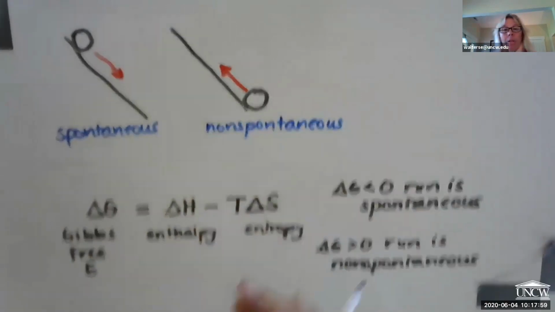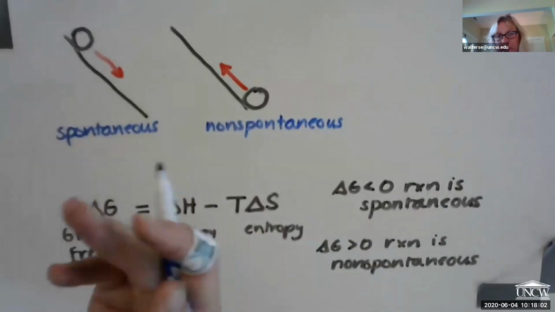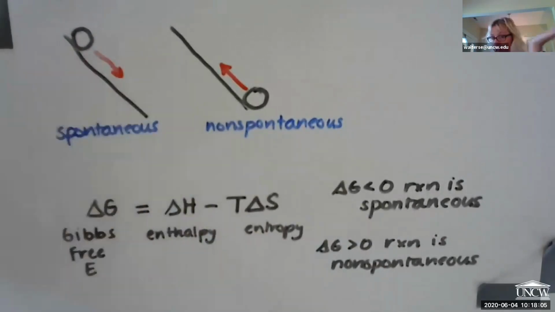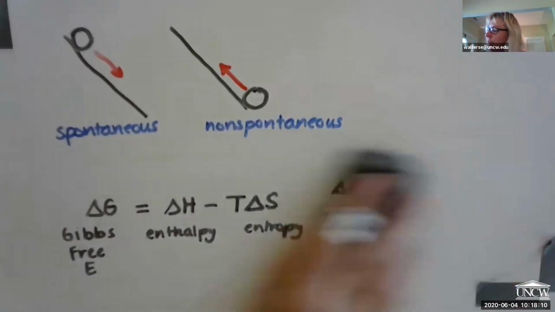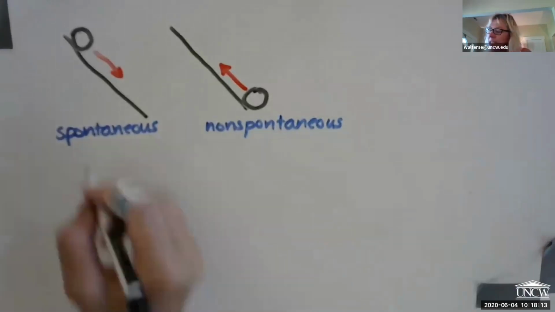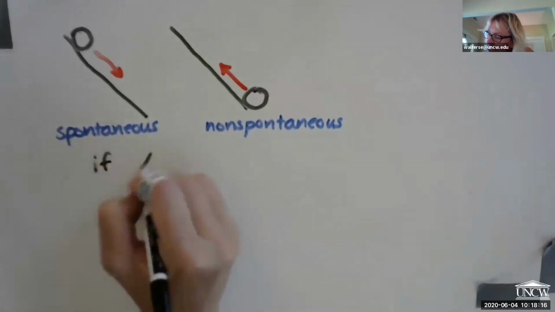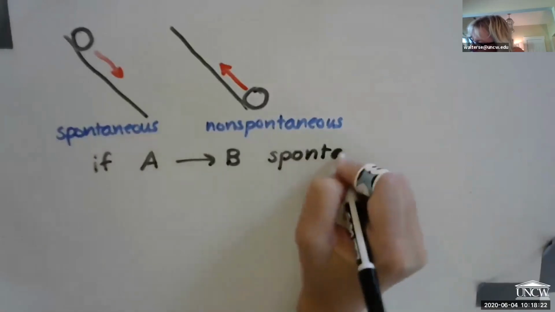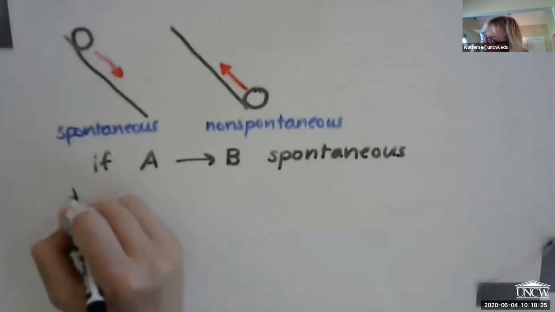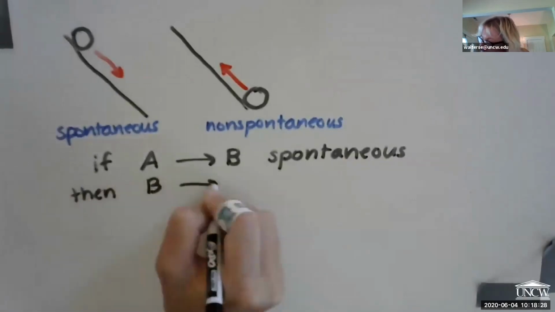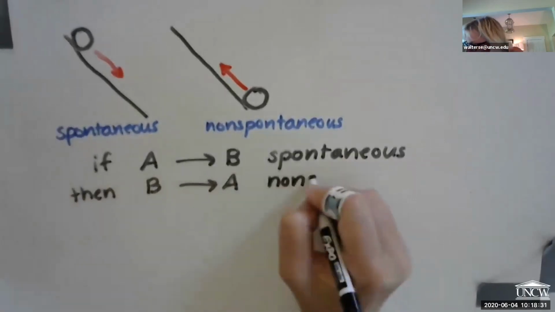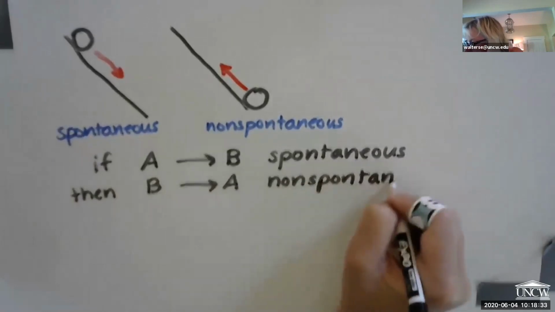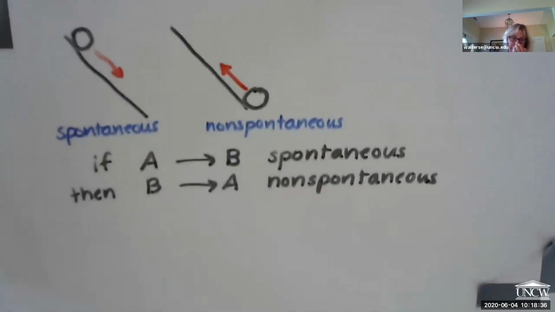You can get a ball back to the top of the hill, but you have to do something in order for that to happen. So what this means in terms of chemical reactions is that if the process of A going to B is spontaneous, then B going to A is non-spontaneous. So a reaction can only be spontaneous in one direction.